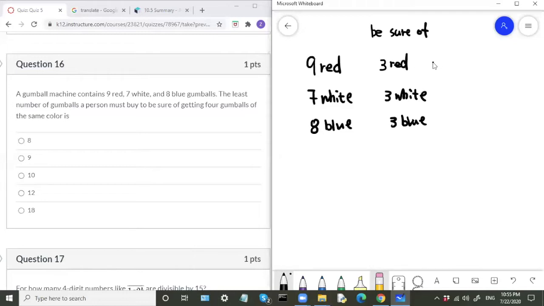For example, 4 red, or 4 white, or 4 blue. So the least number is 3 plus 3 plus 3 plus 1, which is 10 gumballs. So the answer is C.